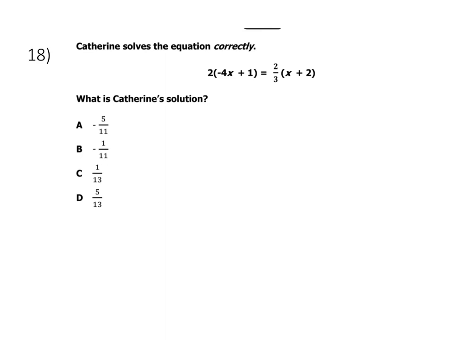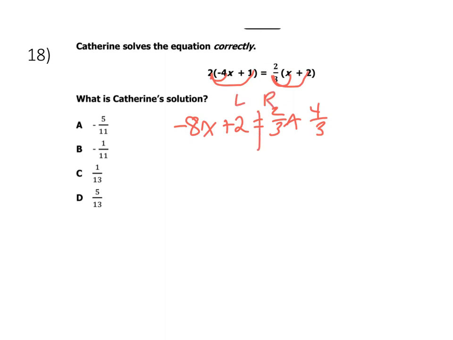So the first thing I do is distribute. 2 times negative 4 gives me negative 8x. 2 times 1 gives me positive 2. 2 times 2/3 times x gives me 2/3 x. 2/3 times 2 gives me 4/3.